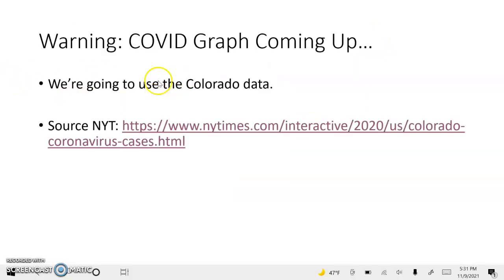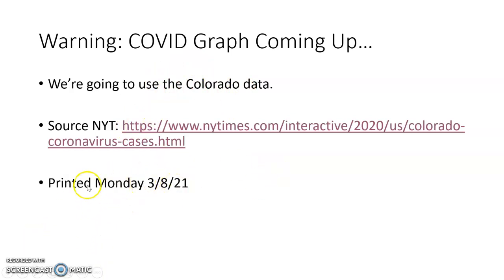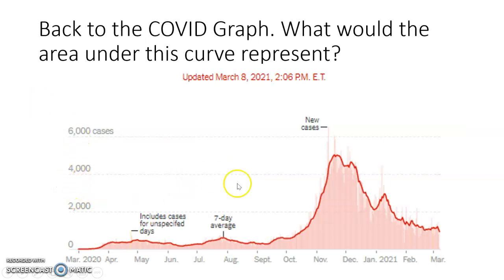All right, COVID graph coming up. This is actually the Colorado data from 3/18/21, so quite a while ago. So what would the area under this curve represent? It would represent the number of cases.